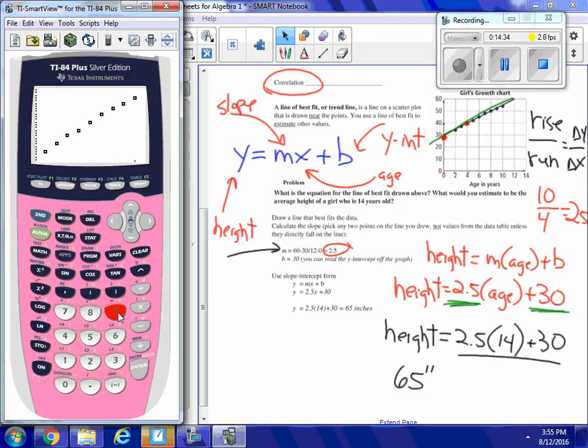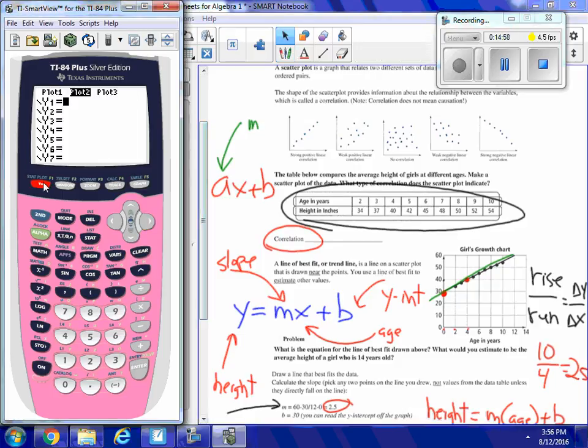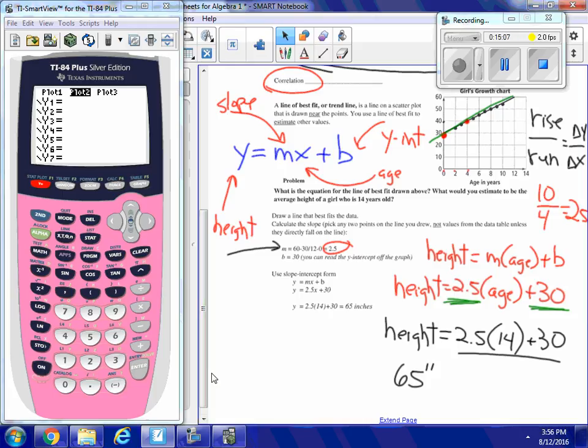I can go trace, and I find out that my first number is age 2, and the height is 34. And my next one, my age is 3, my height is 37. So I can even see that my data matches up right with that. And if I go back into my y equals, and I want to make just a regular old graph, not a stat graph, I want that graph to have the equation y equals mx plus b.